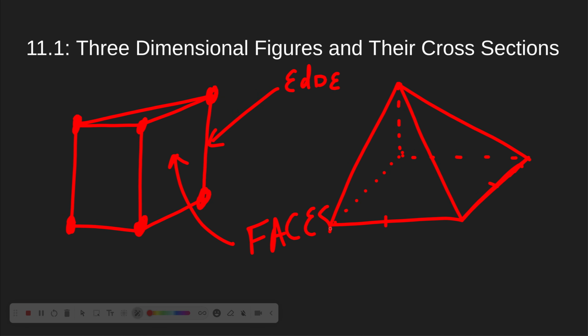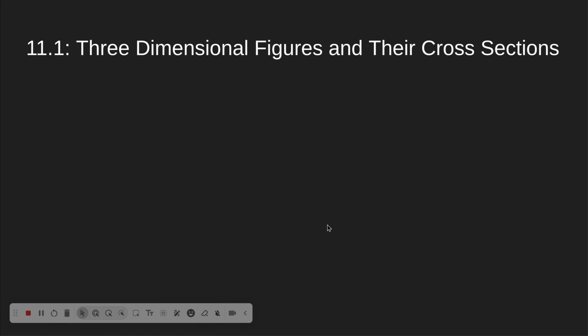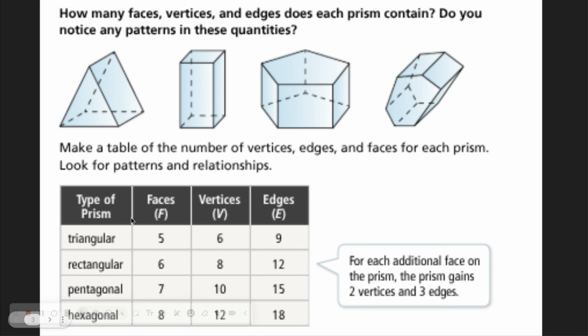So the next thing we're going to do, when I get off this slide, is we're going to learn about Euler's formula. But first, let's take a look at the patterns. This is kind of blurry because I blew it up so you can see it from where you're sitting, but we're making a table of vertices, edges, and faces for each one of these prisms.